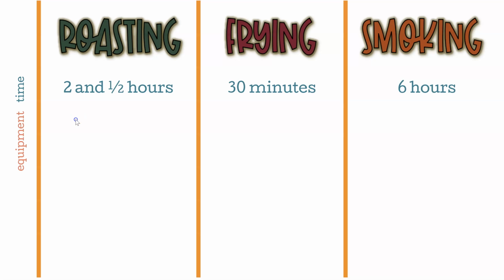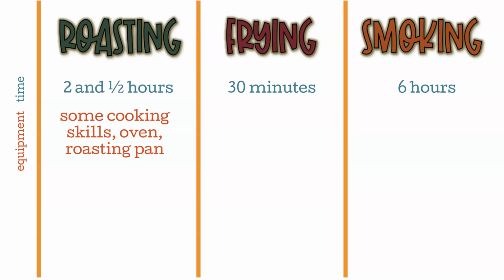Now let's think about the equipment needed for each of these cooking methods. You can even think about the skill level needed in order to cook a turkey in these 3 different ways. Pause right here and think about what you need to roast, to fry, and to smoke a turkey. For roasting, you only need some cooking skills, not a whole lot.